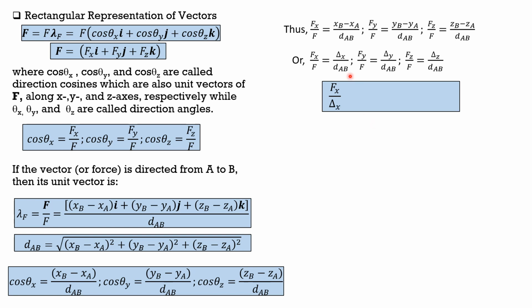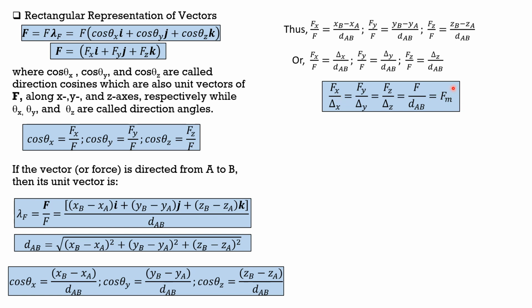Rearranging, so that you can easily recall it: the x component of force over the x component of distance equals the y component of force over the y component of distance, equals the z component of force over the z component of distance, equals the force over the distance of the force, where the force is directed, which is constant.